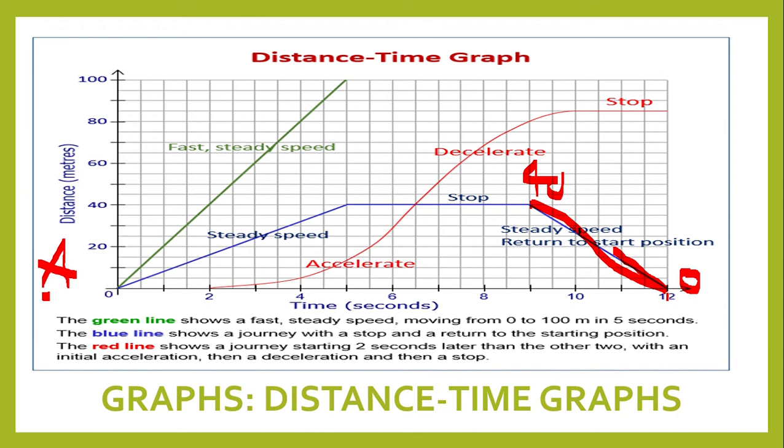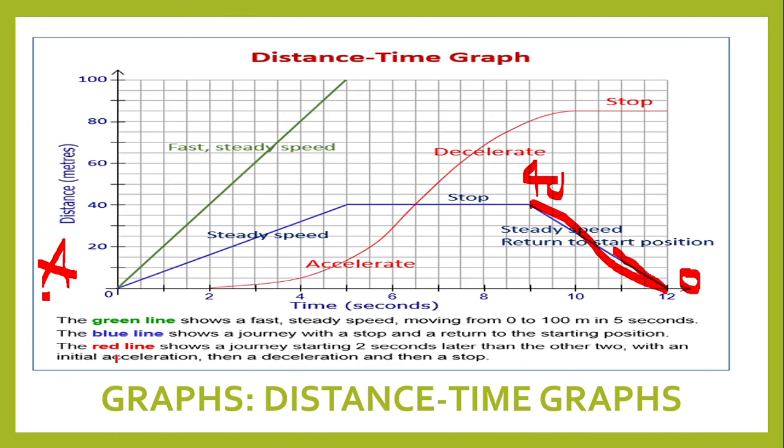This basically means that the speed is steady, and the distance is still covered, but it was covered in the opposite direction, returning to the start point. So that was all about the blue line.